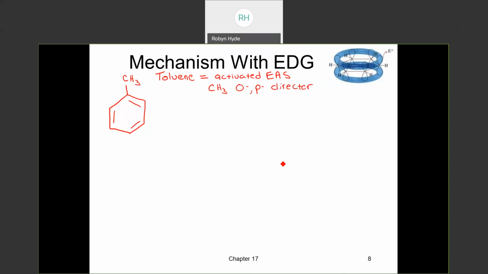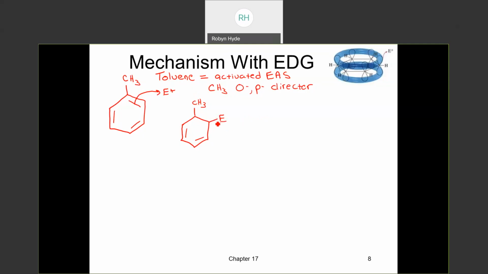There's two. What that can mean is I can take this neighboring pi bond. This neighboring pi bond adds a new electrophile. I would get this sigma complex, CH3, with my electrophile, so it's added to that ortho position.